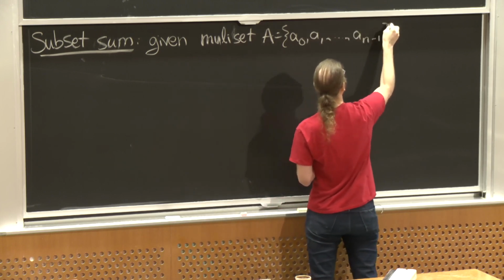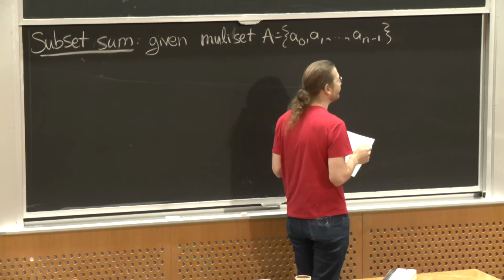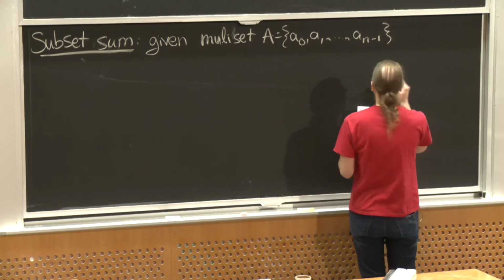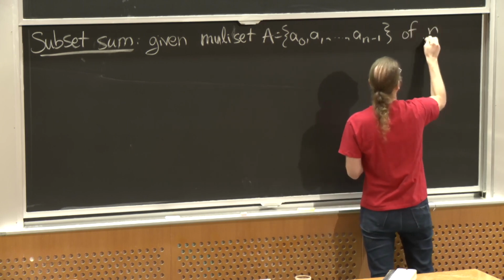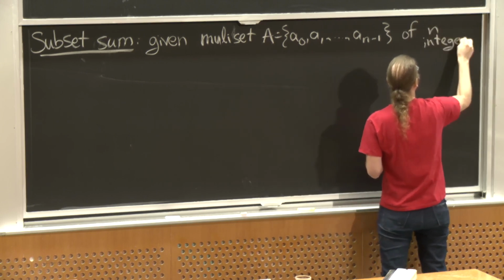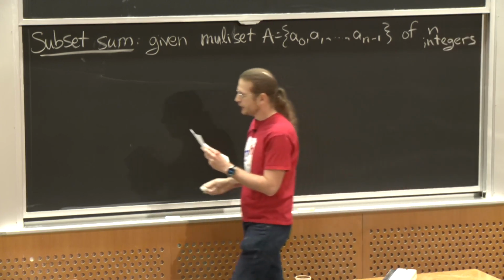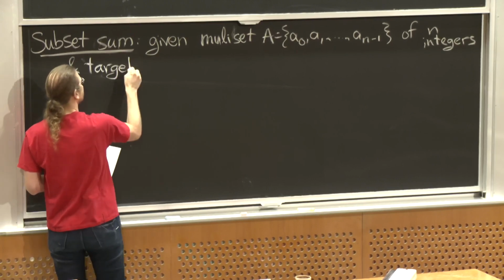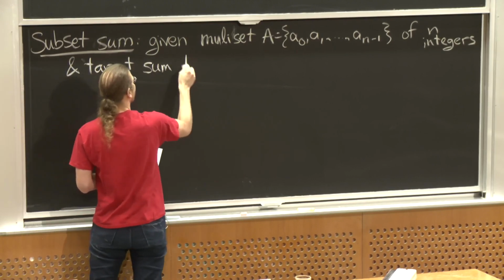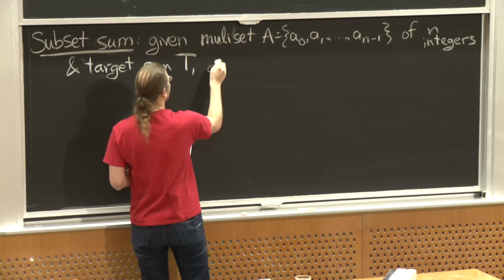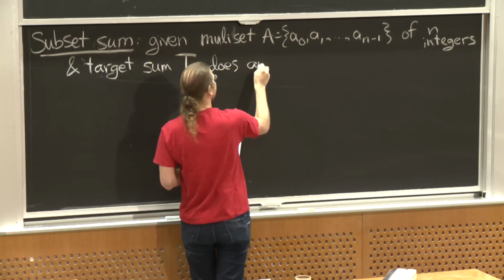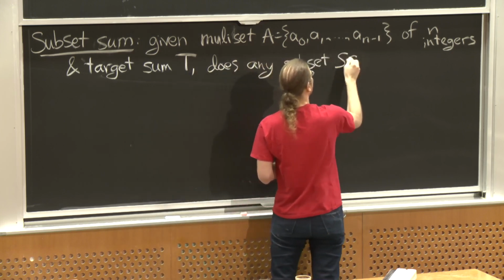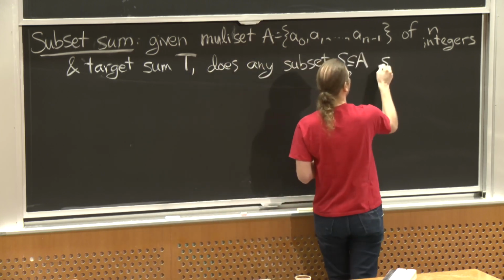So this is just a sequence of numbers, but I'd like to use set notation because I want to use subsets, because it's subset sum. So this is of n integers. And we're also given a target sum. And we want to know, does any subset sum to the target sum?